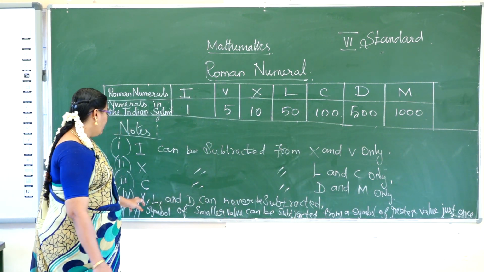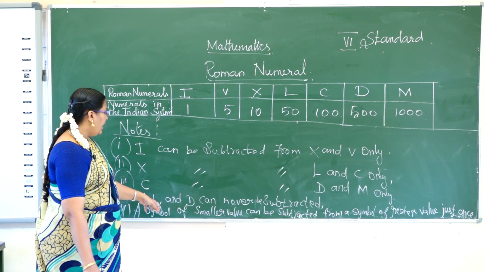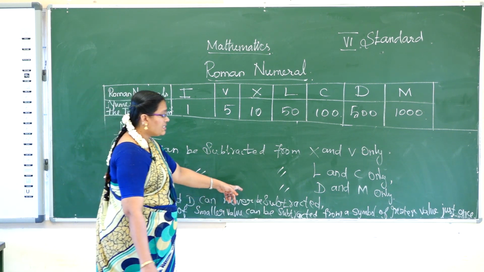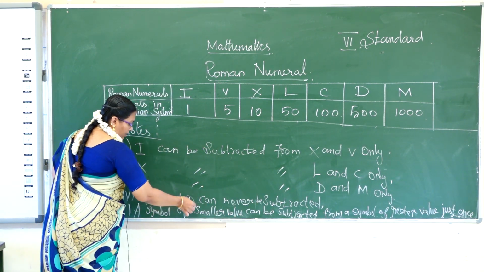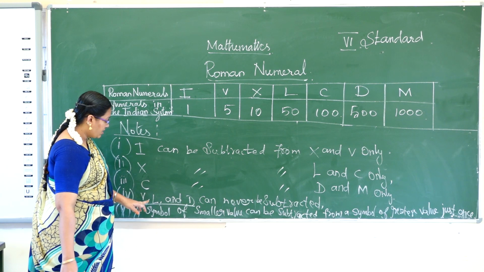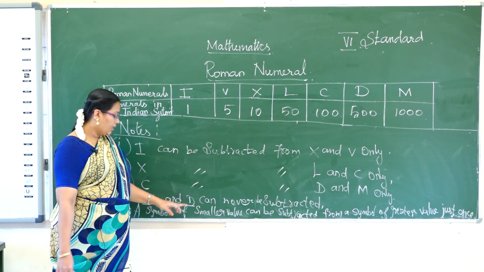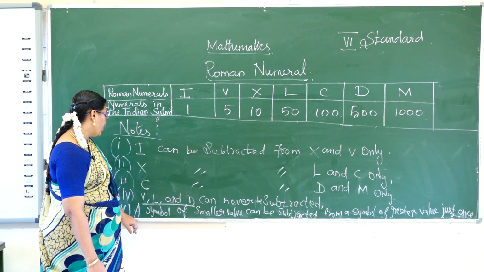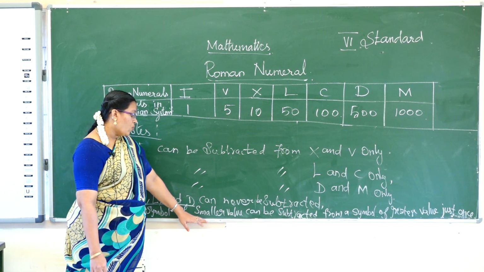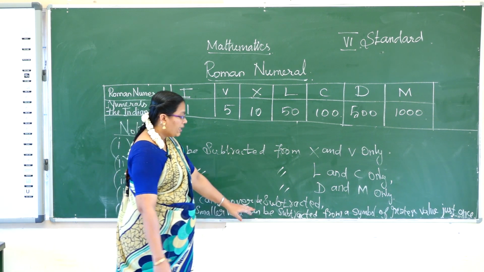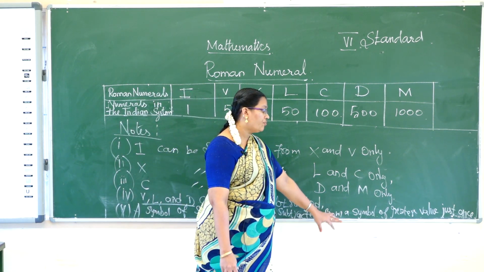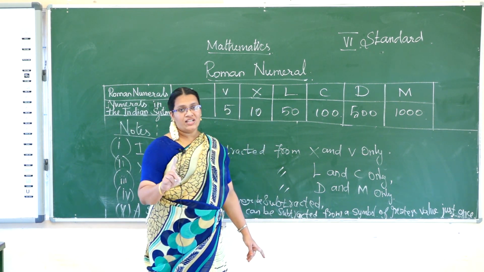Fourth one, V, L and D can never be subtracted. Okay, so which letters cannot be subtracted? V, L, D.